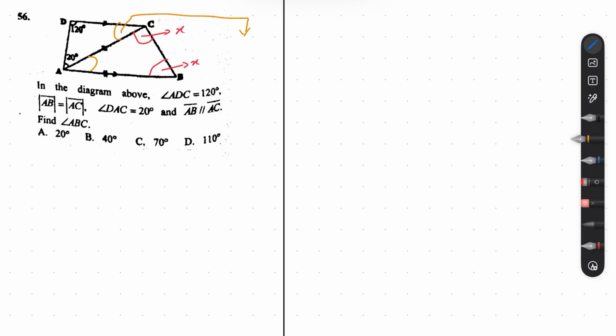We know that the sum of the angles in the triangle add up to what? 180, right? So if you add 120 plus x, plus 20 plus this angle right here, you should get what? 120.